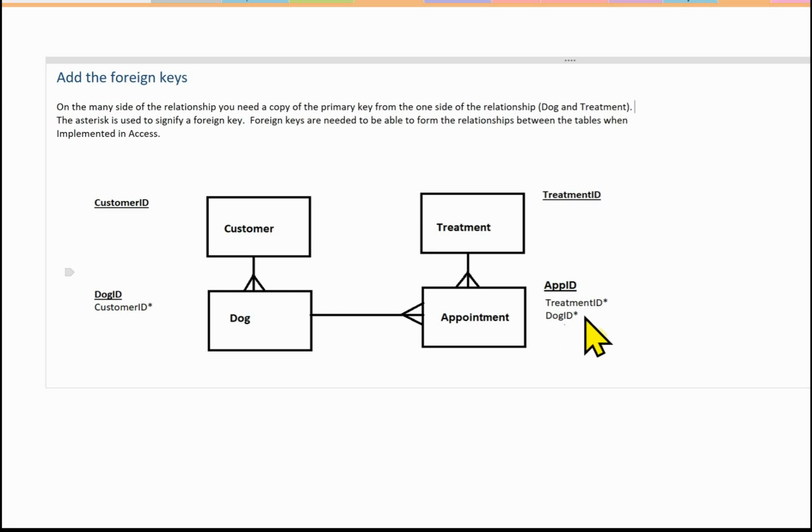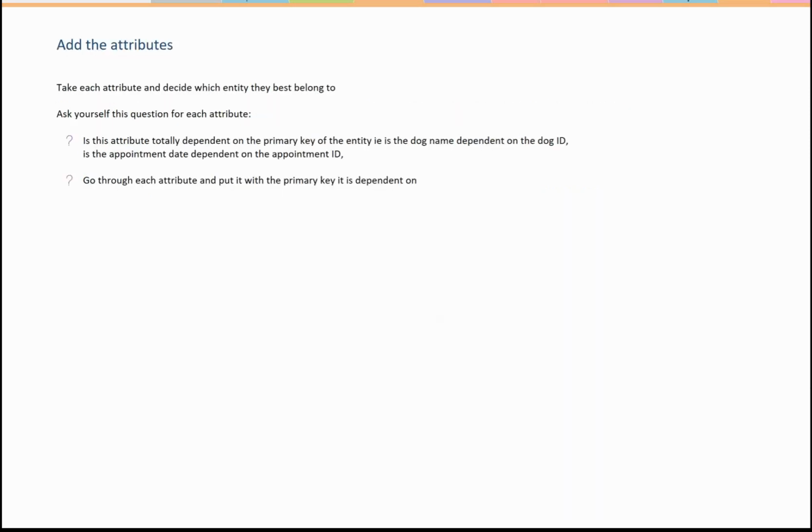The next stage in our design is to add the attributes to our ERD. And what we're going to do is take each attribute and decide which entity they best belong to. We need to ask ourselves this question for each attribute. Is the attribute totally dependent on the primary key of the entity, i.e. is dog name dependent on dog ID?